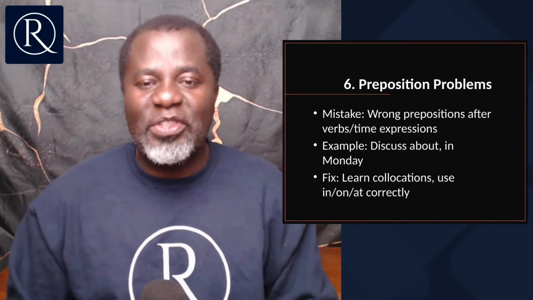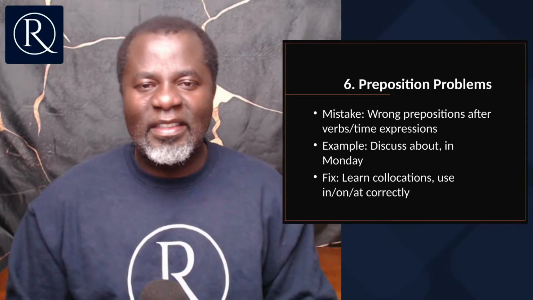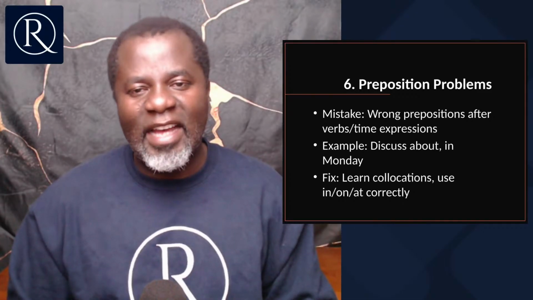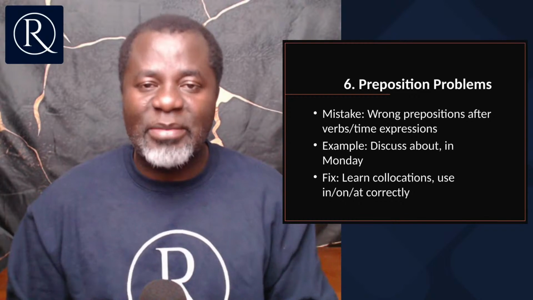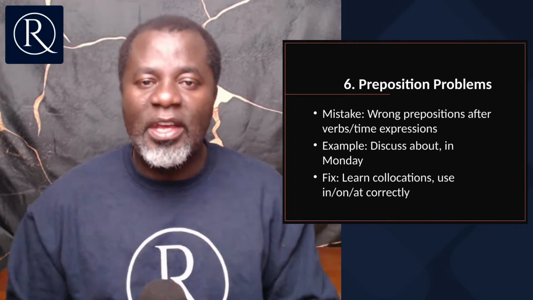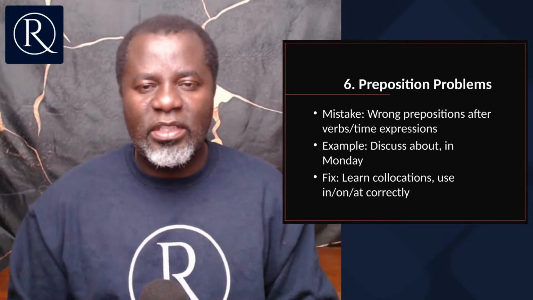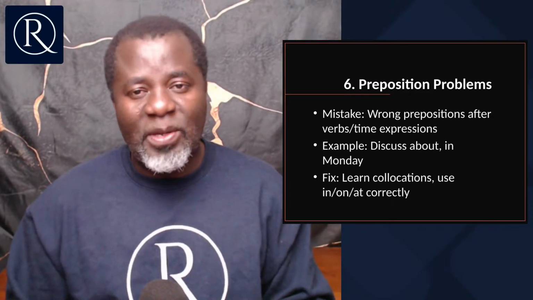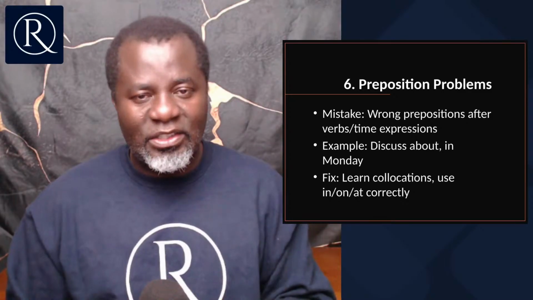How about misuse? I'm coming in Monday. I know it doesn't even sound good to you, but yeah, people make such mistakes. Instead of saying on, you say in. How about interest? Sometimes people say, I am interested to know what you are thinking about this. No, interest goes with in.